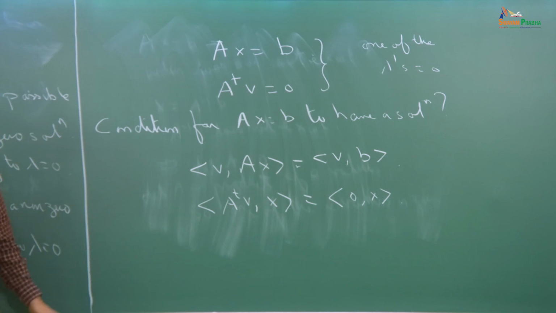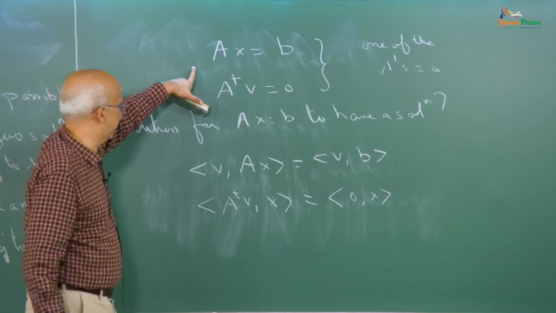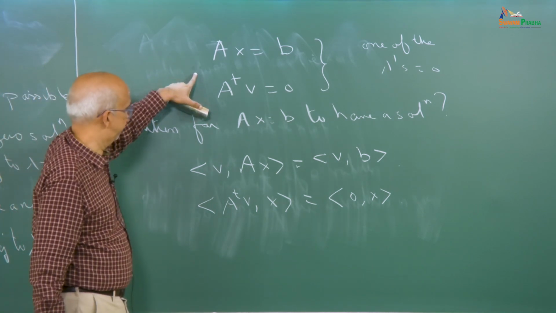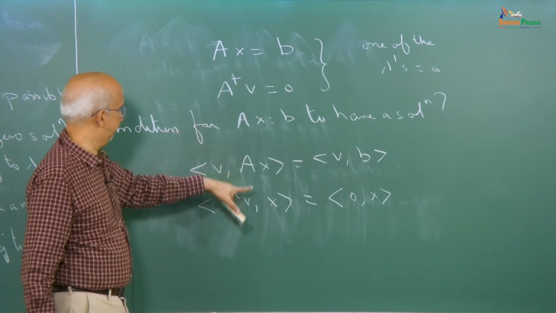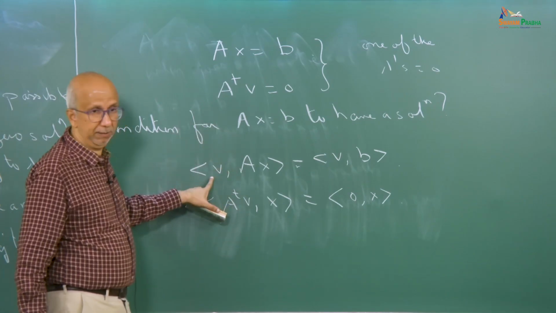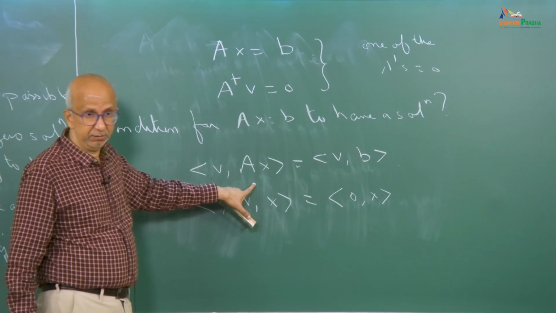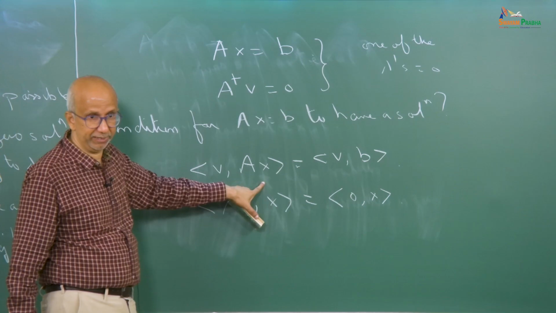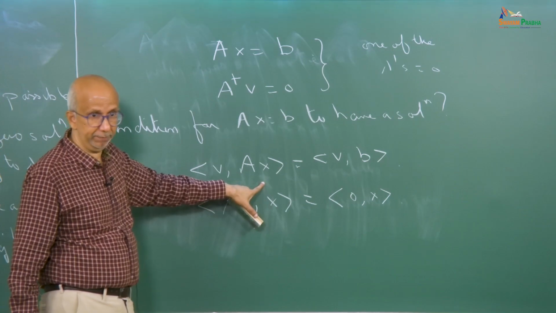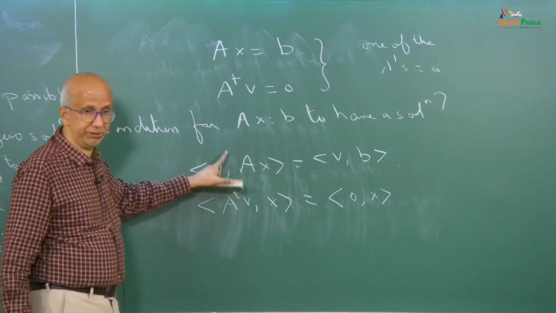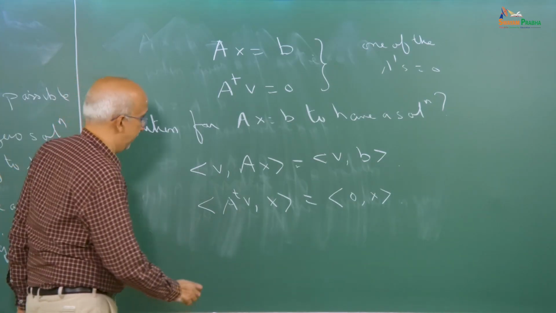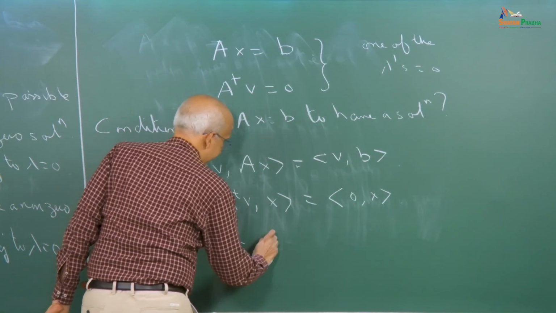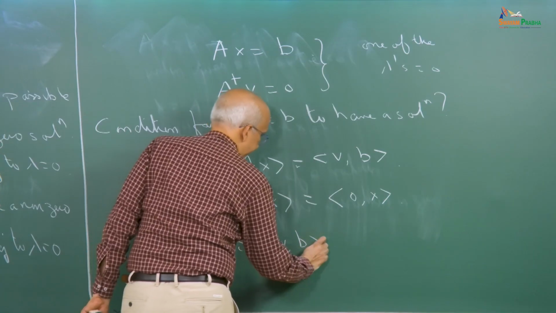So, I am just doing inner product of the first equation with v, inner product of the second equation with x. Now, this inner product of v with Ax is inner product of A transpose v with x, okay, and if I subtract, this will go to 0, okay, subtracting gives 0 equals inner product of v with b.